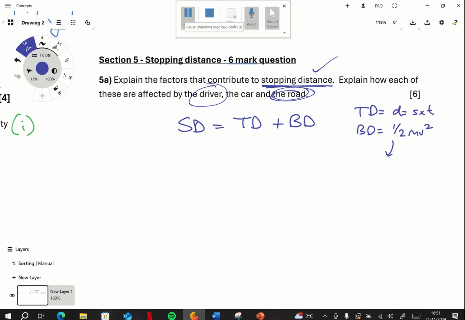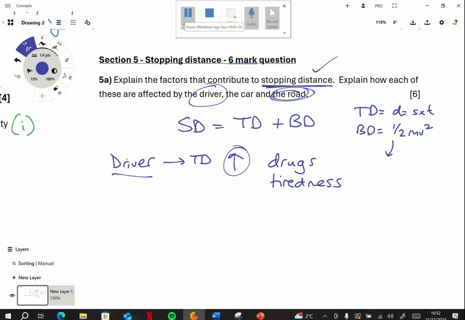Okay, so by the driver. Well, we can now talk about the driver having an effect on the thinking distance. We can increase that if they're on drugs or due to tiredness. Now, please don't use an increase arrow in your assessment. So there's the driver bit done.